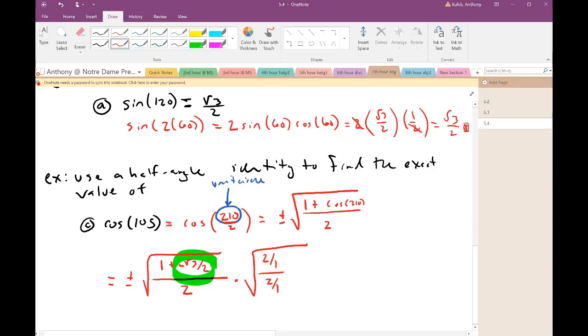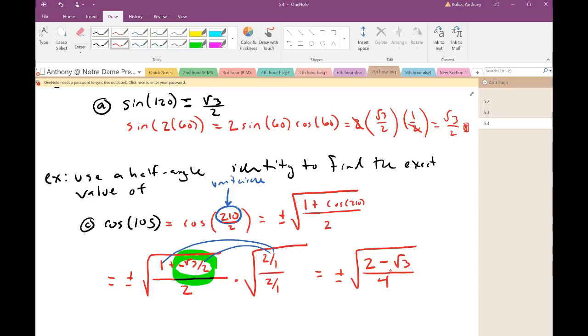Why 2 over 1? When I multiply in like this, that 2 is going to cancel the 2 in the denominator, right? So I have 2 minus square root of 3 over 4. Is everybody all right with that?